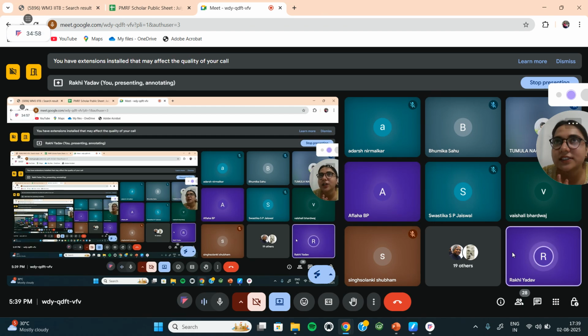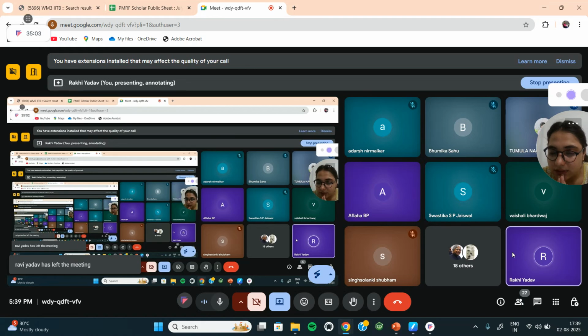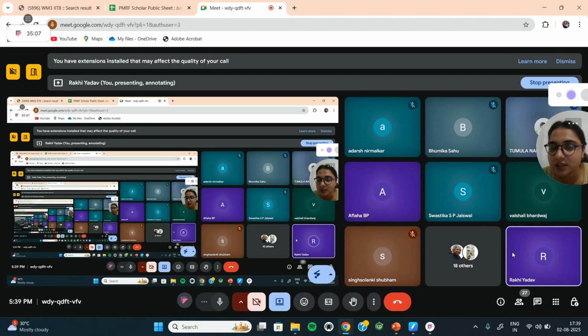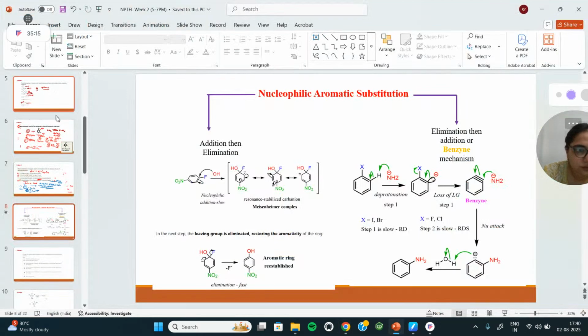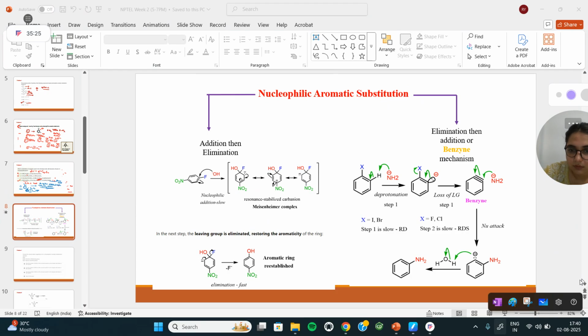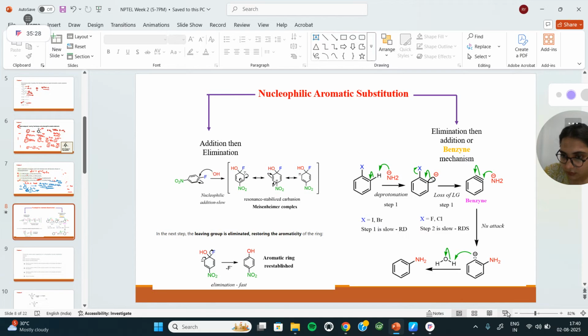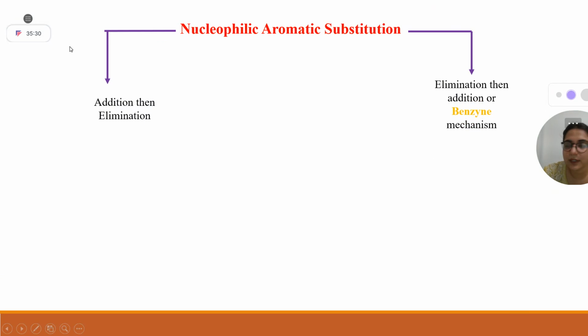Now let's come to carbon. Where does the reference peak come in carbon? In proton NMR it comes at 7.26. Let me go to the slides. Is my slide visible?